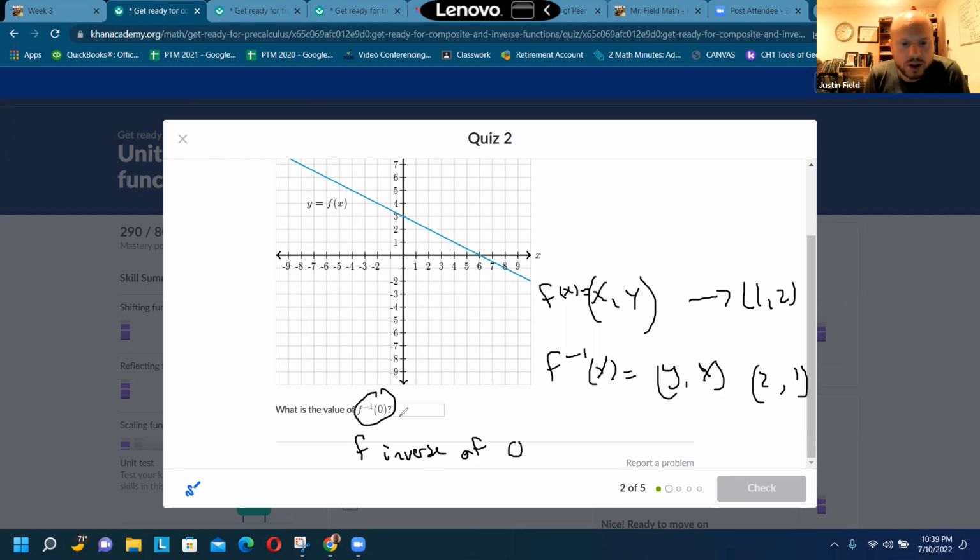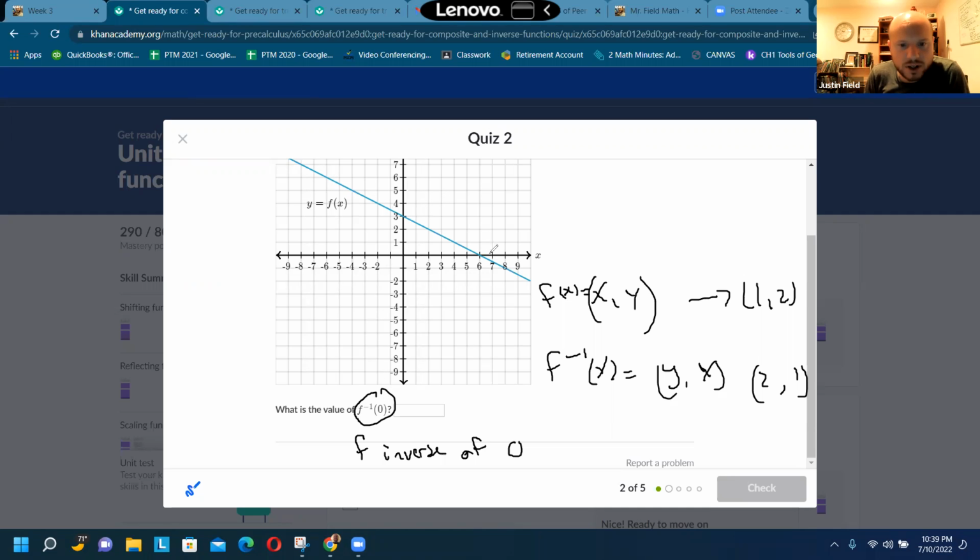So f inverse of 0: the y values of the inverse are the x values of the original, and the x values of the original are the y values of the inverse. So this would be an x value on the inverse function, and a y value on the normal function.